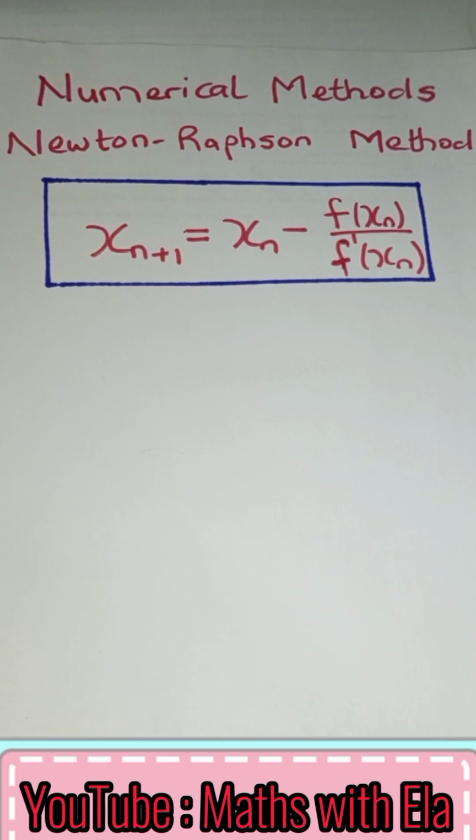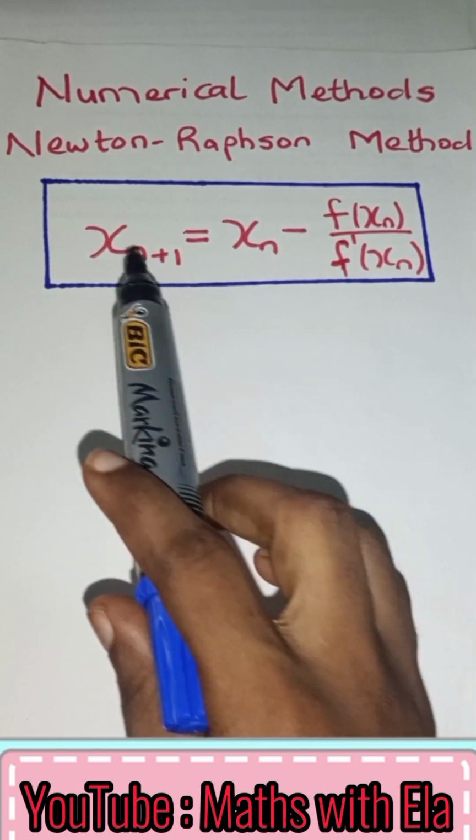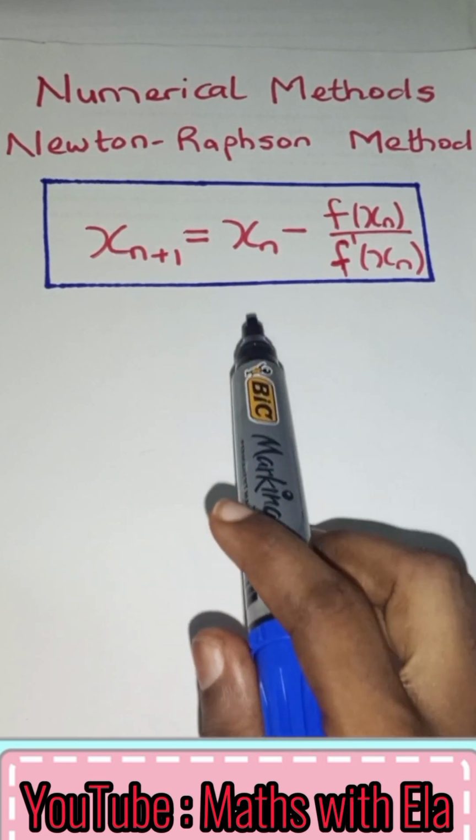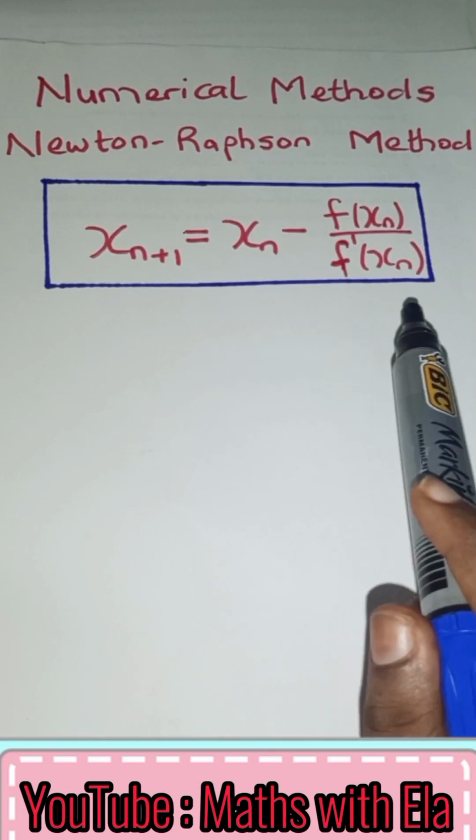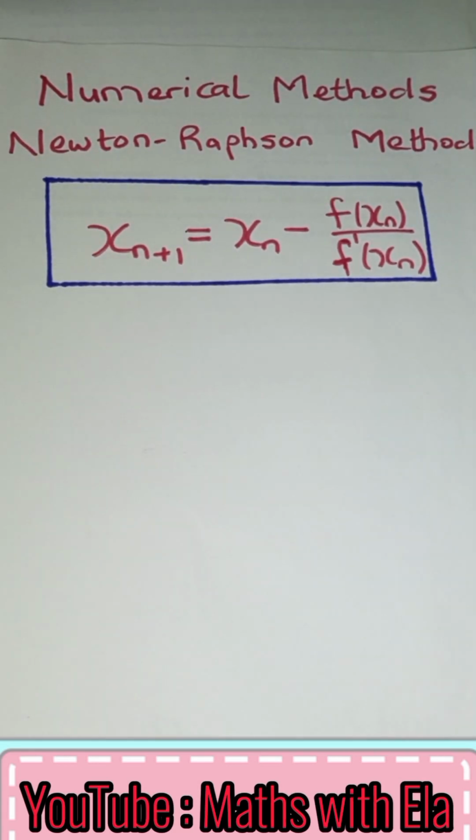The Newton-Raphson method is used to approximate the root of an equation, and the general formula is given in this rectangular box. We have x(n+1) equal to x(n) minus f(x(n)) over f'(x(n)).